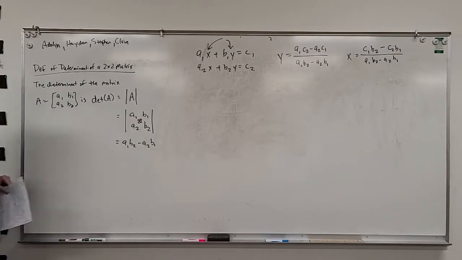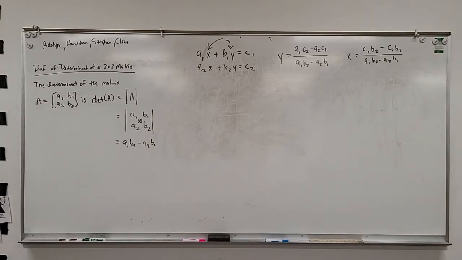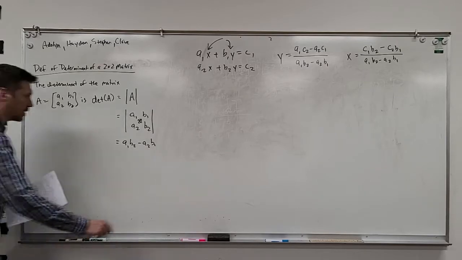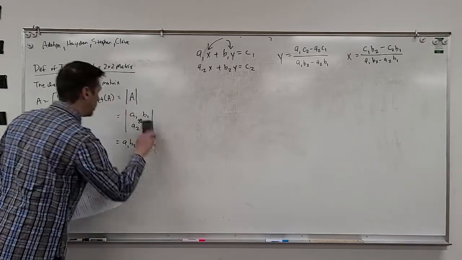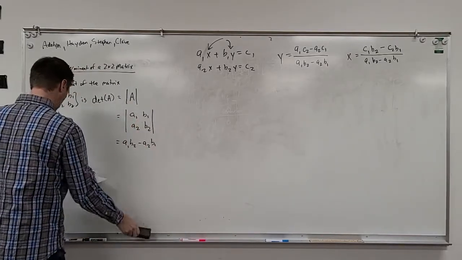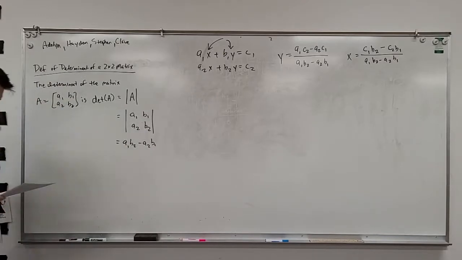So you take the difference of the two when you cross multiply what's inside the matrix. All right, that's the determinant. Any questions about that? All right.